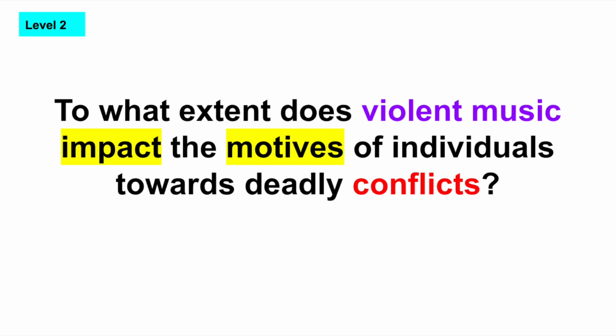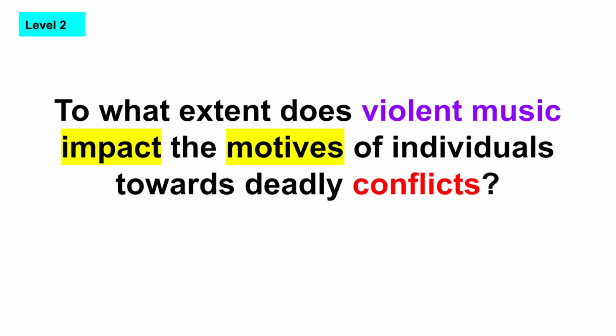They found patterns in their research that not all, but many of these individuals were also into certain genres of music. So they wanted to see if there's really a correlation. That's why it says to what extent, which means how much. Is it really connected, or is it just coincidence?